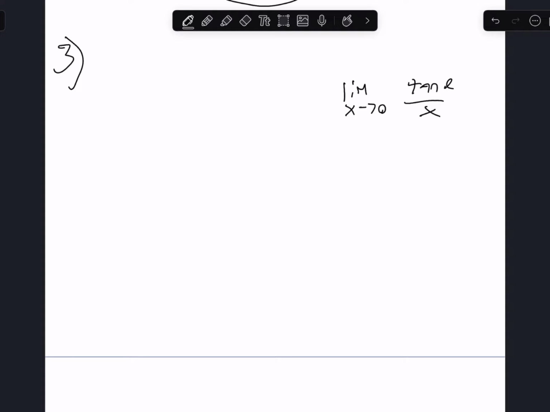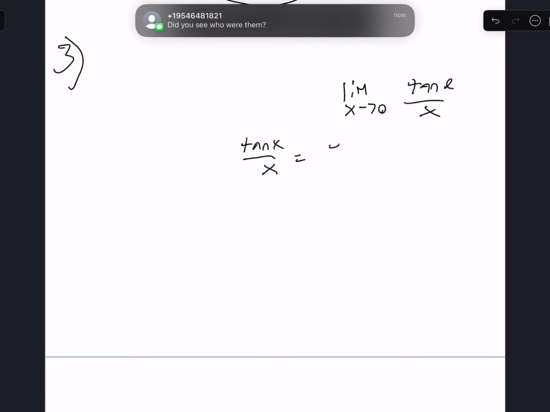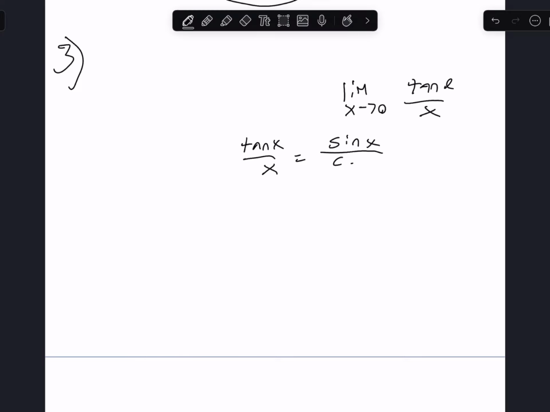So for tangent x over x, we have to rewrite it in terms of sine and cosine. So we know that tangent x is equal to sine x over cosine x, all over x.